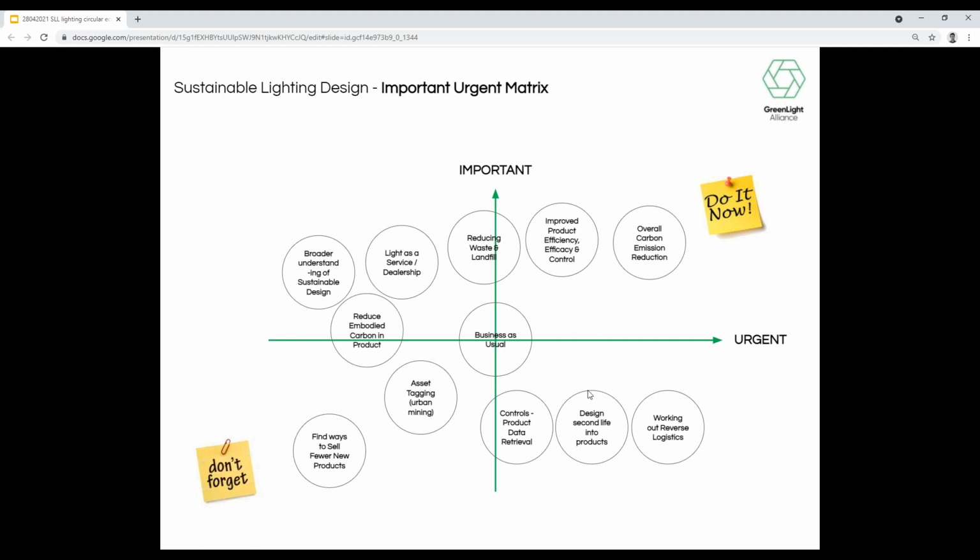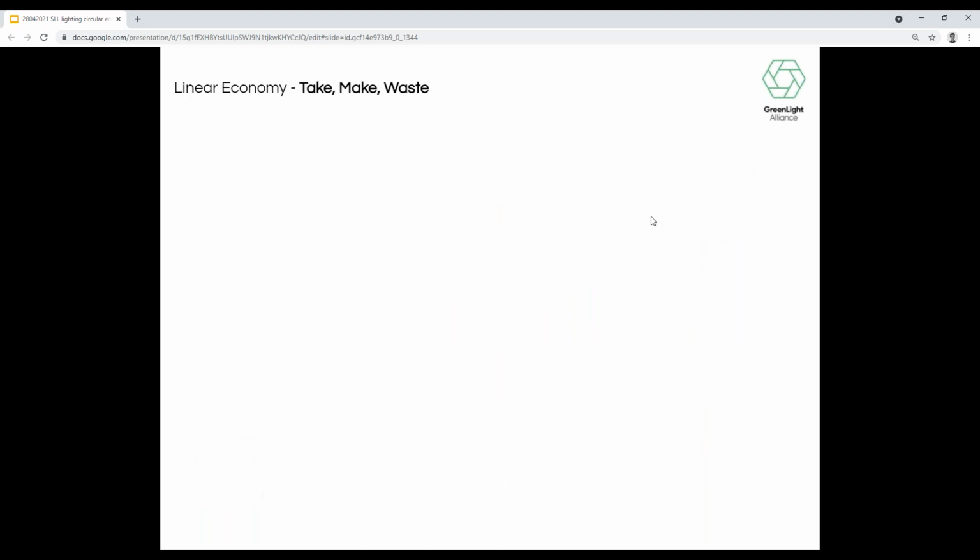So these are all things we need to investigate now, so that when they reach the end of their life in the future, we actually have a framework to work in. And again, as I mentioned at the GLA, we're hoping to raise the awareness of these things and get them a little bit closer to the top right corner of this diagram.